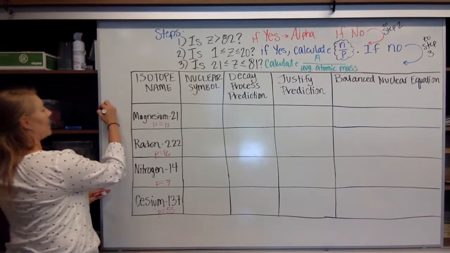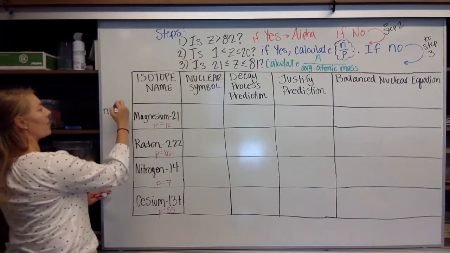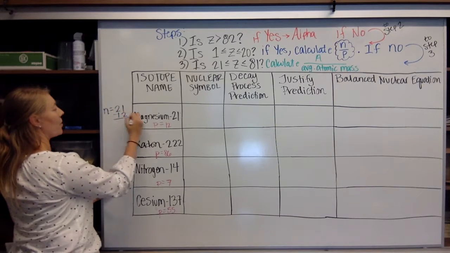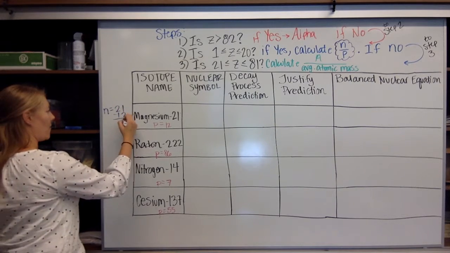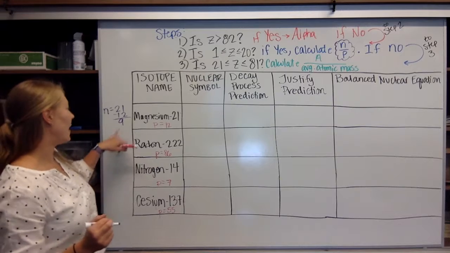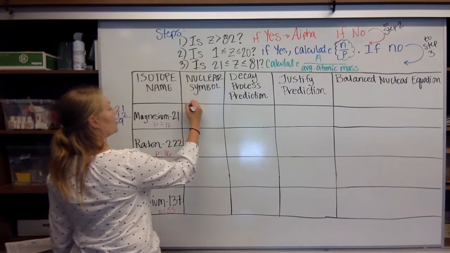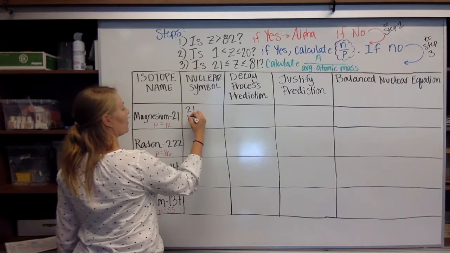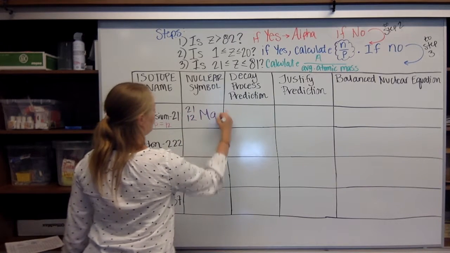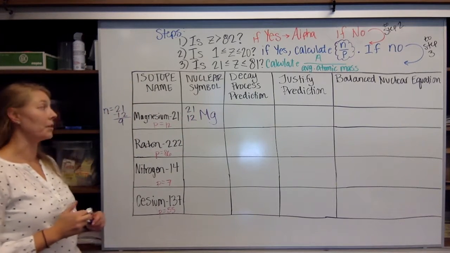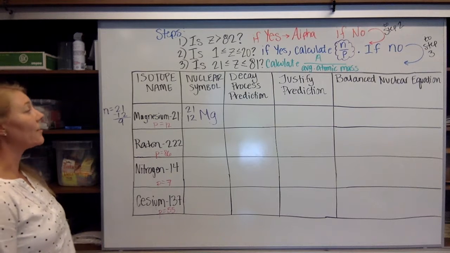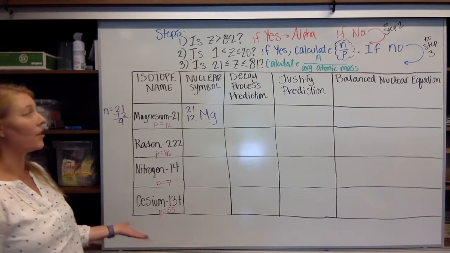Now, just to make it easy, our neutrons over here, remember the mass number minus the protons, is going to give you 9 neutrons, okay? We can write our nuclear symbol here. So we have 21 over 12 magnesium. That's our nuclear symbol. We need to figure out what kind of decay process we think it's going to undergo.